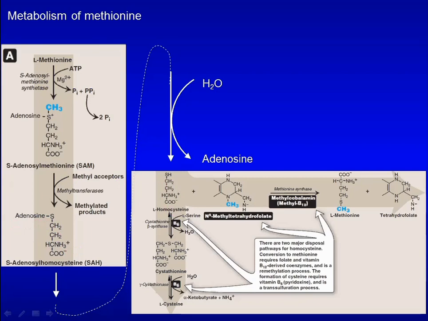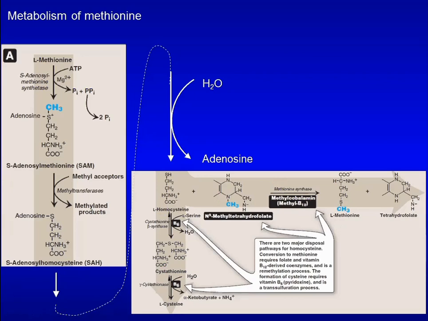There are 2 ways to metabolize homocysteine. One way is conversion to cysteine. The second way to dispose of homocysteine is conversion back to methionine. Both pathways are significant.